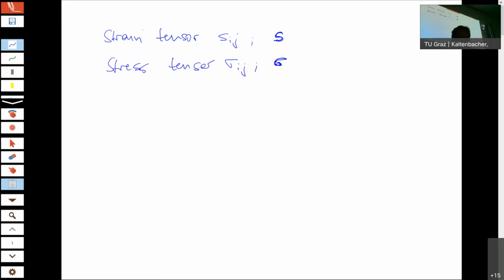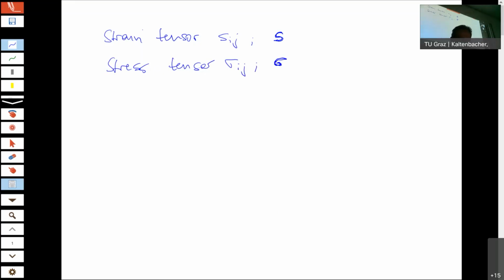If you have two tensors as we have here, we have the strain tensor S_ij, which we often write just as a bold S. And we know that this strain tensor is a 3x3 matrix, and we have the stress tensor sigma_ij, which we also write with the bold sigma.